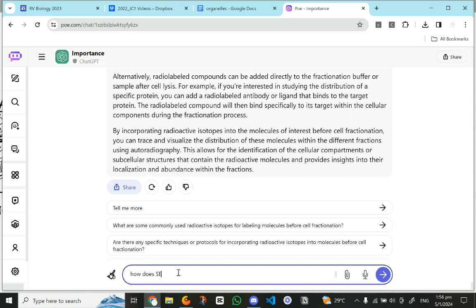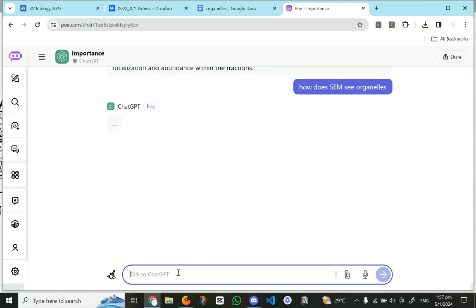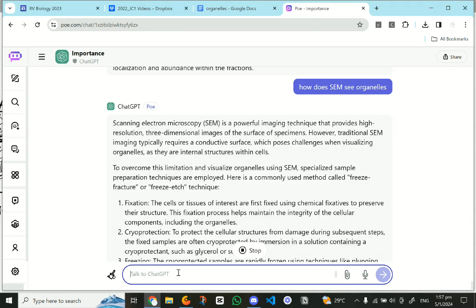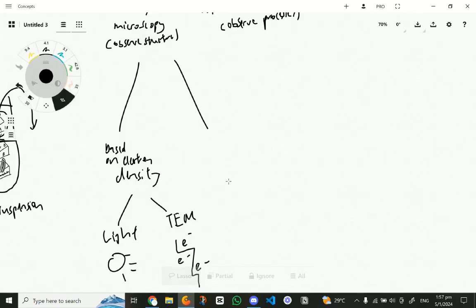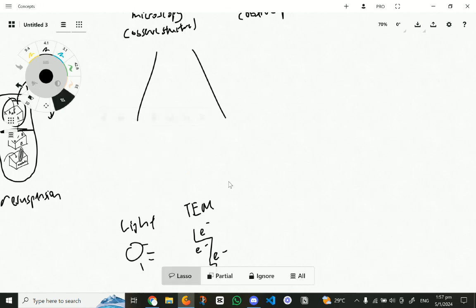How does SEM organize? Okay, now that I think of it, this is not a very good way to chunk it, and we're just gonna remove this.